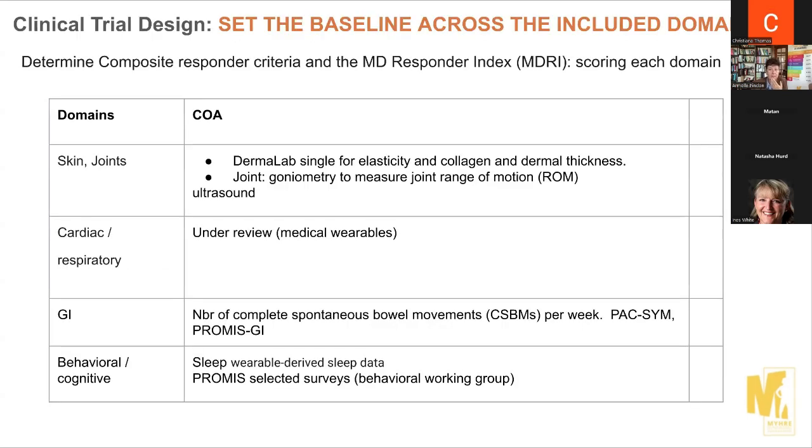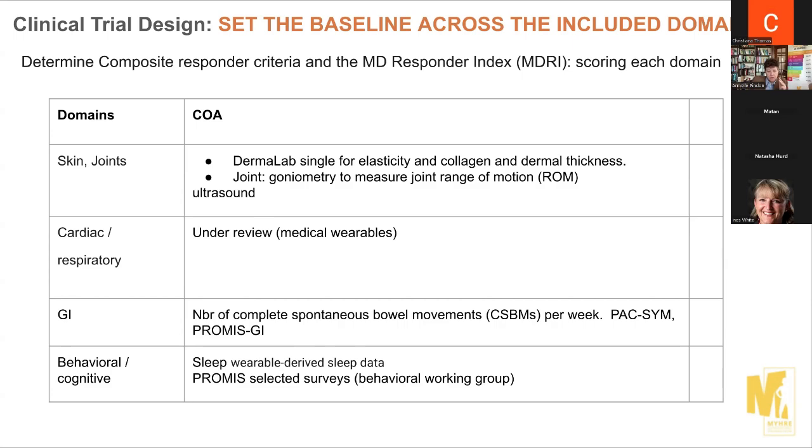So for a clinical trial in Myhre, with all the clinicians, I mean, not all clinicians in the world, but the main clinicians that we have around us, we have worked already on the domain for the chronic treatments. And the 4 domains that we have chosen is skin and joint, cardiac respiratory, gastrointestinal, and behavioral and cognitive.